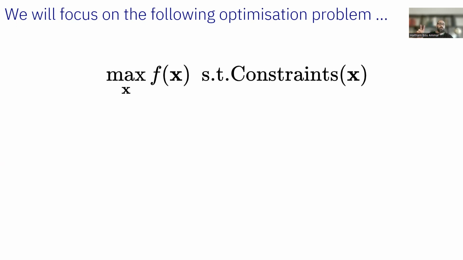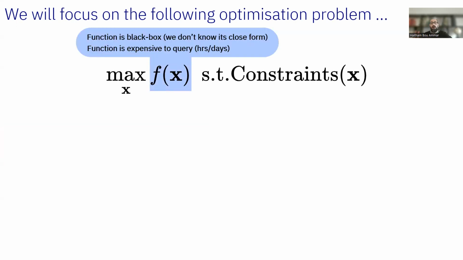Well, we have two properties that will make this problem extremely interesting and not easily accessible by current solutions. The first property is that this function f is a black box function. So I don't know the equation of this function. I don't know the closed form equation for this function.